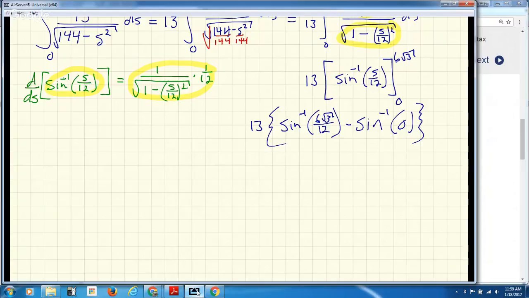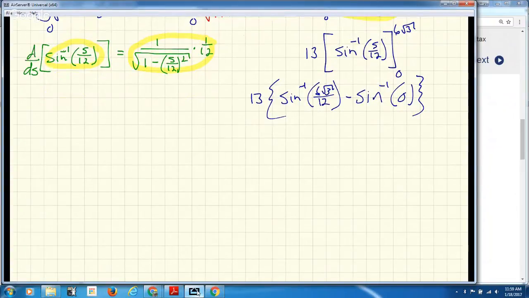All right, so cleaning that up, really the sine inverse of the square root of 3 over 2, isn't it? 6 goes into 12 twice.